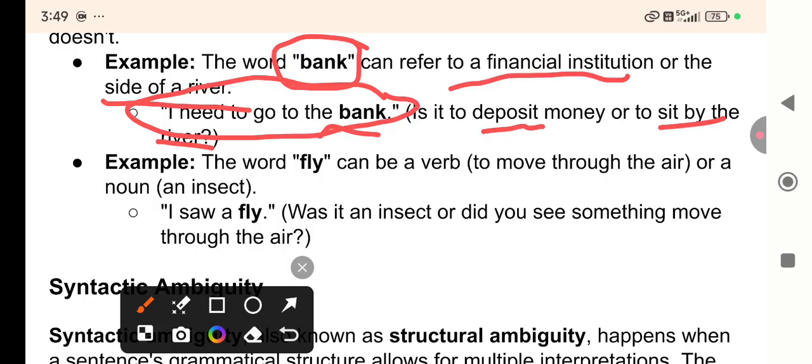But sometimes it is not clear. So that is one example. Bank is a very confusing word.